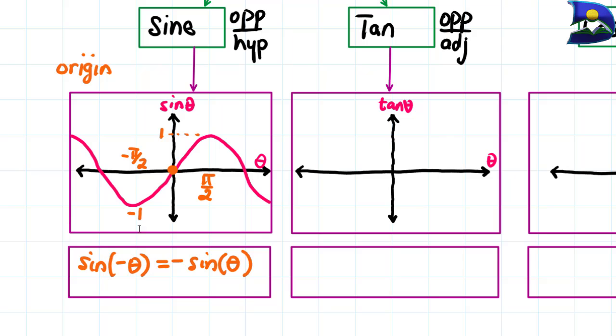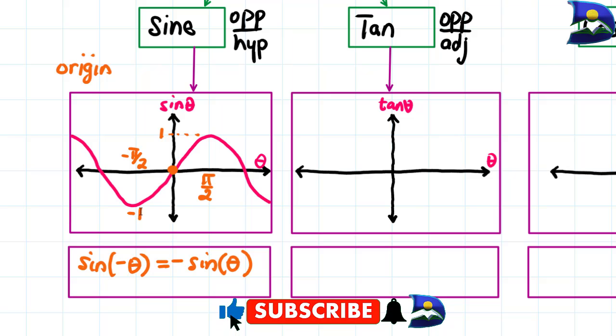In order to make the value of sine of pi over 2 become negative, all we have to do is multiply by negative sine, so that the sine of the negative angle, negative pi over 2, is equal to negative 1.